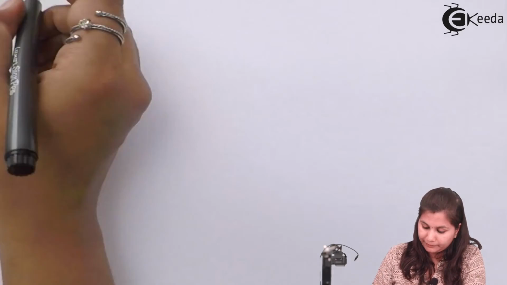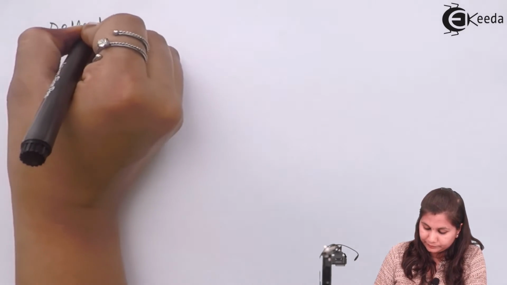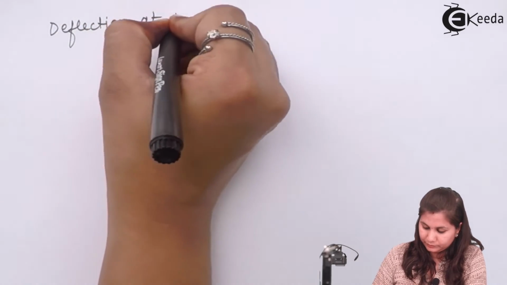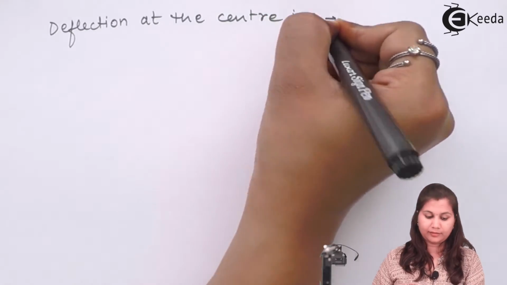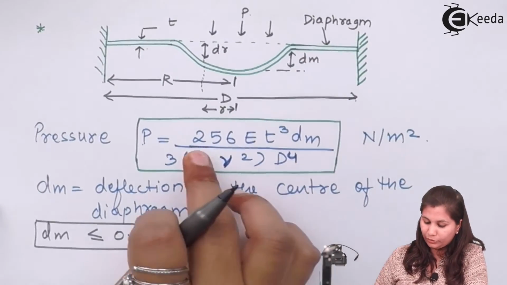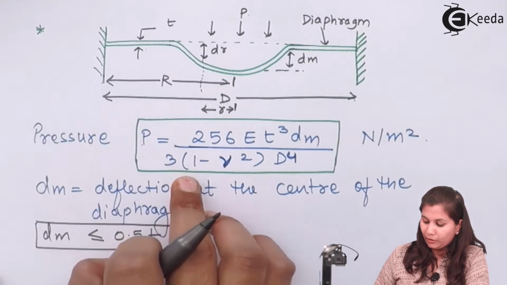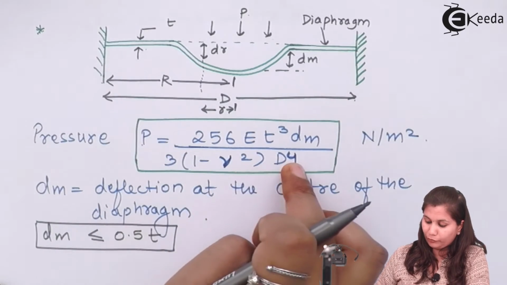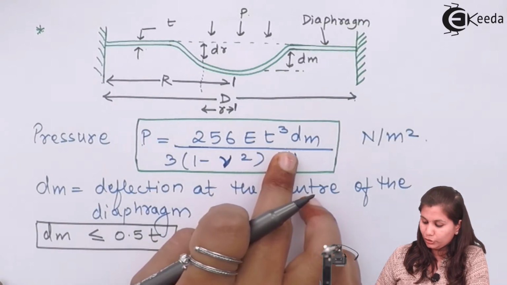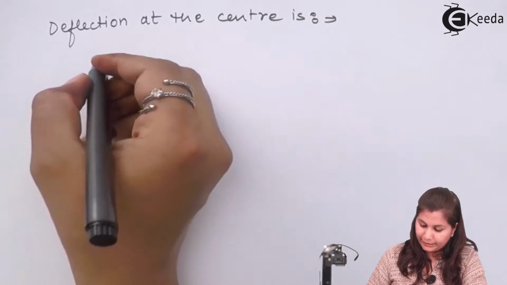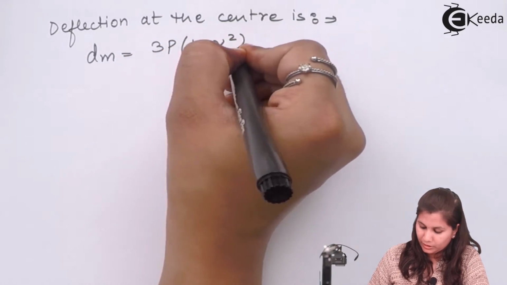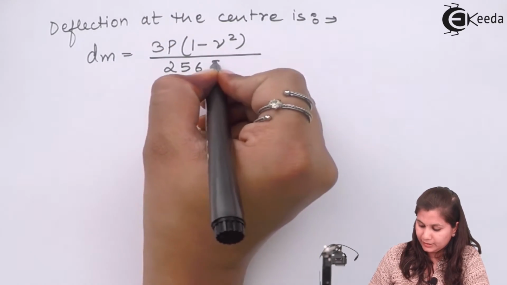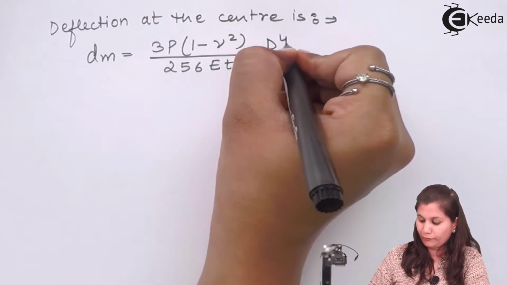Now, if we write the formula for the deflection at the center of the diaphragm, from this formula, if we derive its value, it will be 3p multiplied by (1 minus v square) d to the power 4 upon 256 E t cube. So dm is equal to 3p (1 minus v square) upon 256 E t cube, d to the power 4.